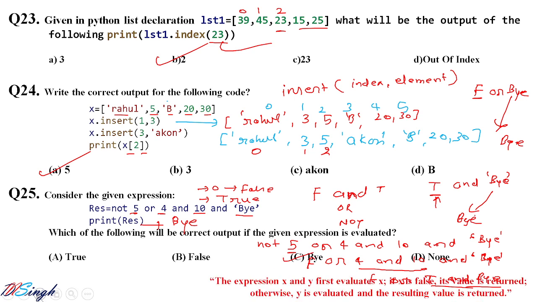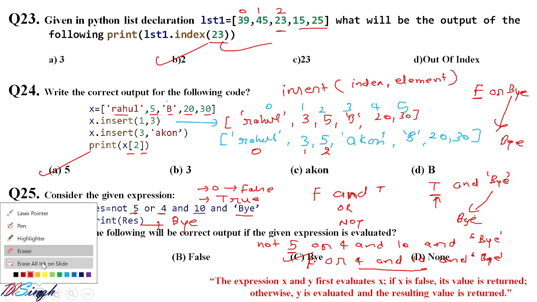Let me erase some part of the solution so that you can easily get what is written there. The expression x and y evaluates x. If x is false, its value is returned, otherwise y is evaluated and the resulting value is returned.